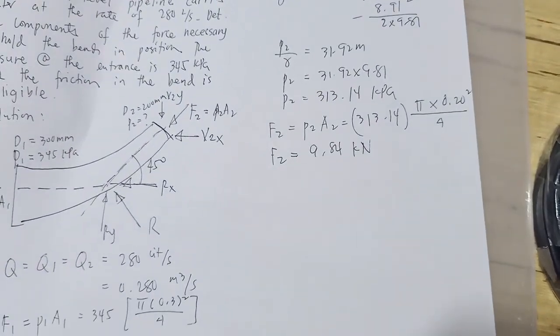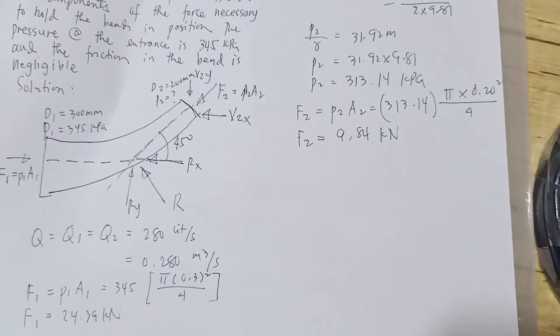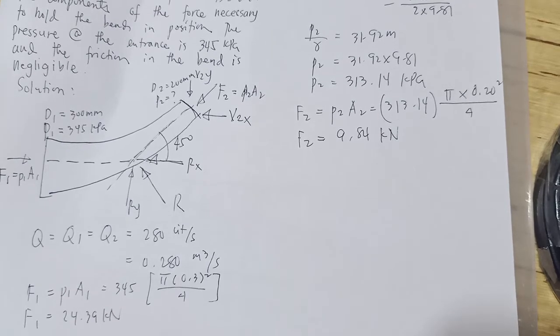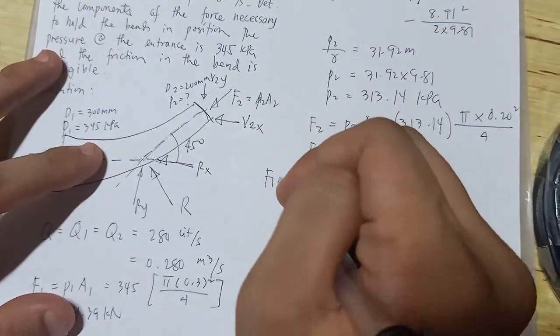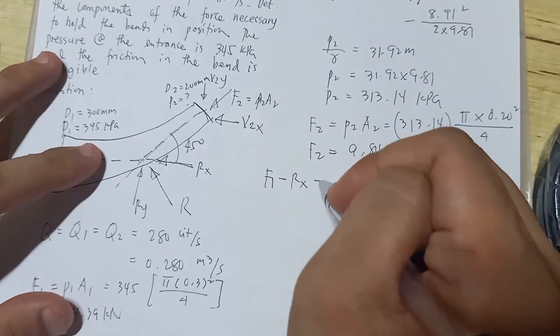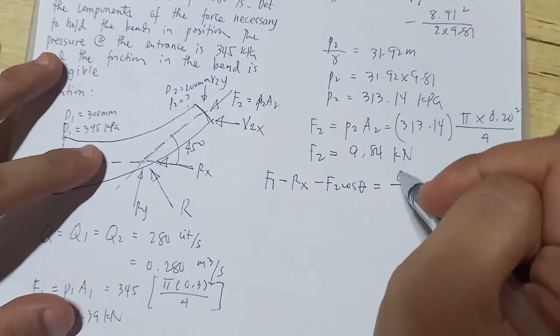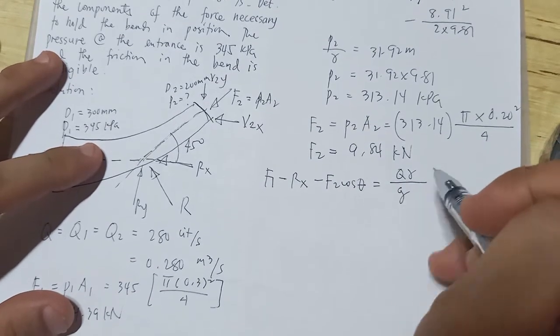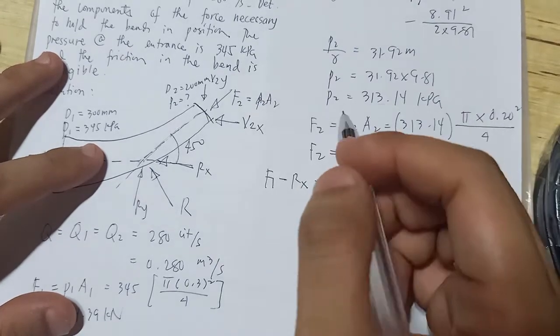So using the formula that we have derived, the summation of forces along the x and y axis. So F1 minus Rx minus F2 cosine theta equals Q gamma over g times V sub 2x minus V sub 1x.